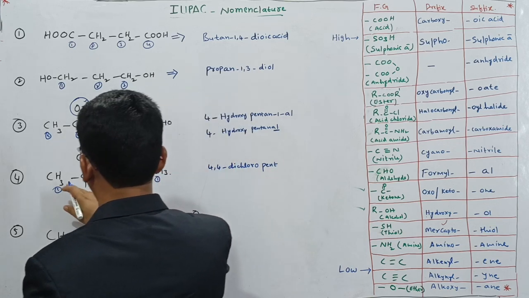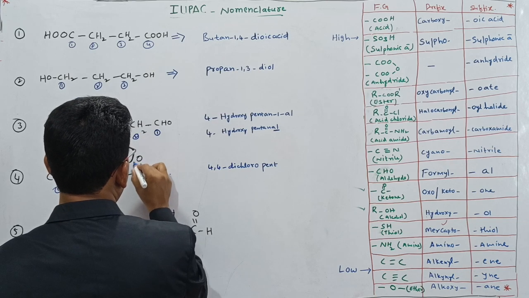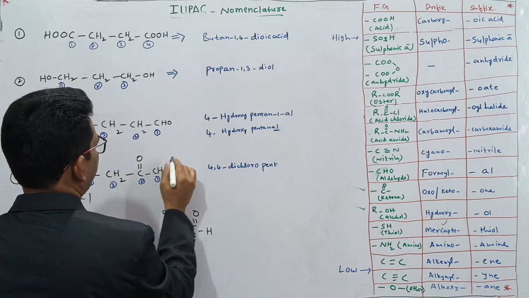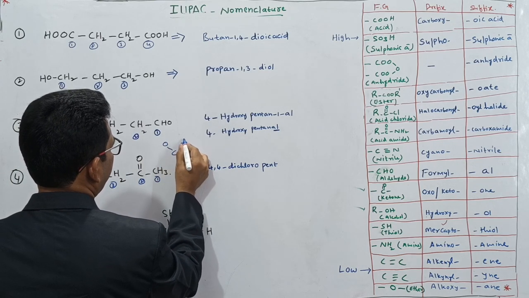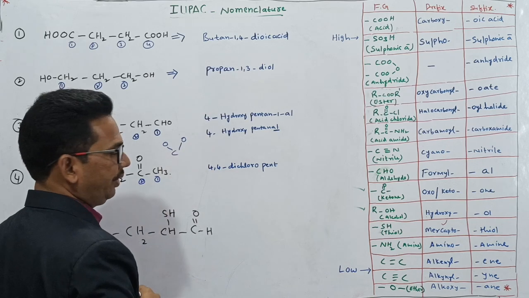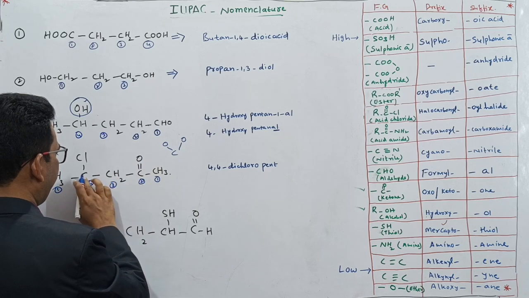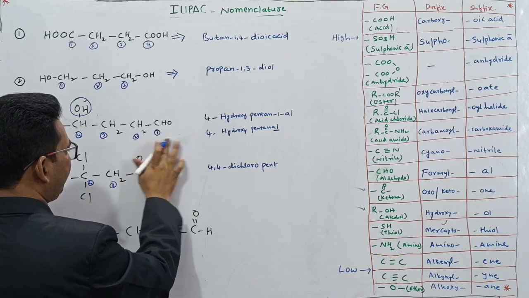It is saturated, single bonded between the carbons. Okay, don't consider this one. This is the functional group. Okay, CO is nothing but we are writing like this. This is also a single bond, this also a single bond. Don't think that it is double bonded. I am saying between carbon and carbon, not between carbon and oxygen.